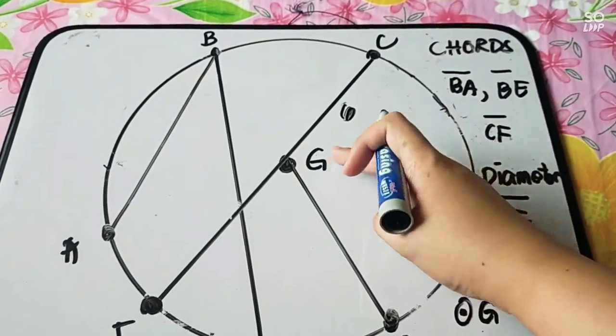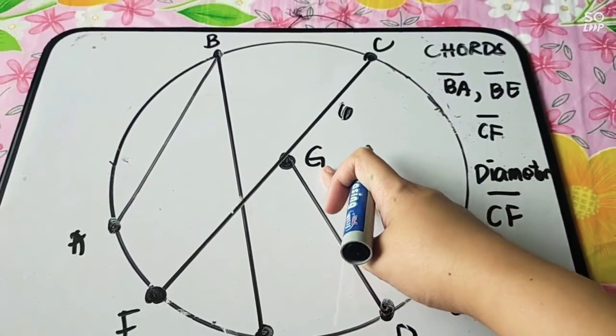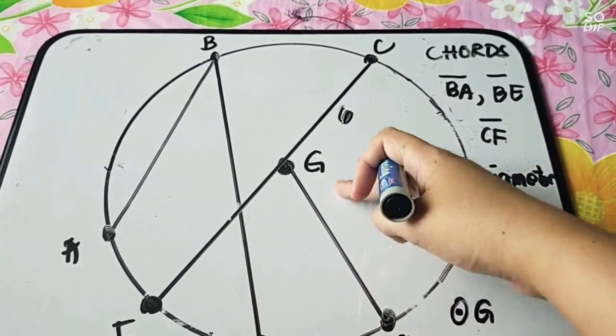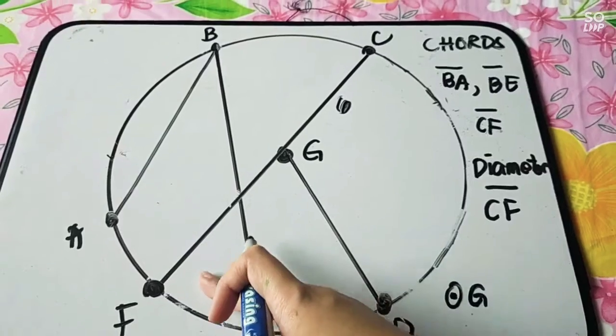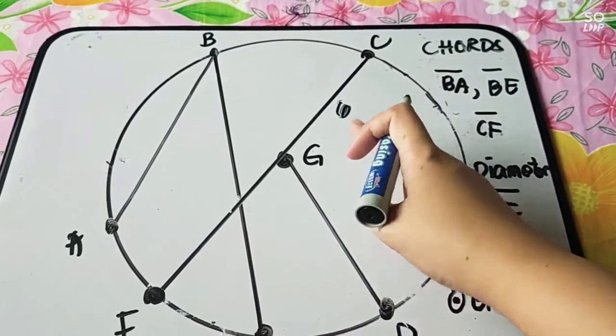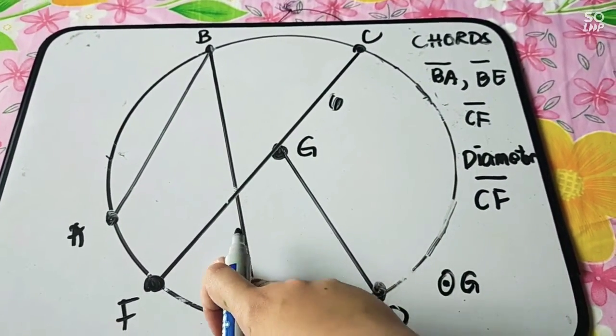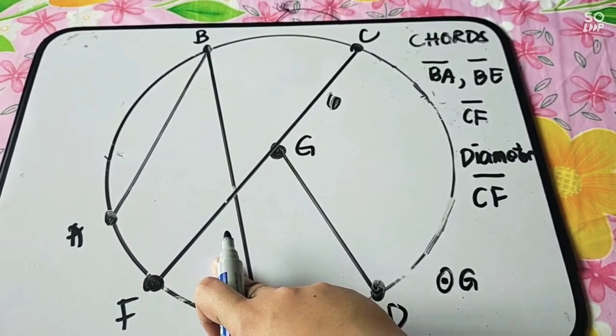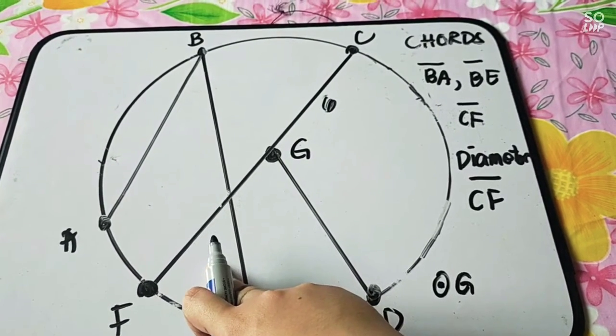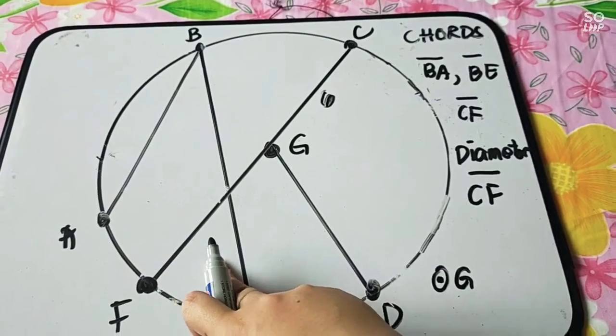Kung si GC or si CG na ating radius ay 6, ilan kaya ang ating diameter na si CF? Obviously, 6 multiplied by 2, the answer we have is 12. Is it clear? So, si diameter ay doble ni radius.